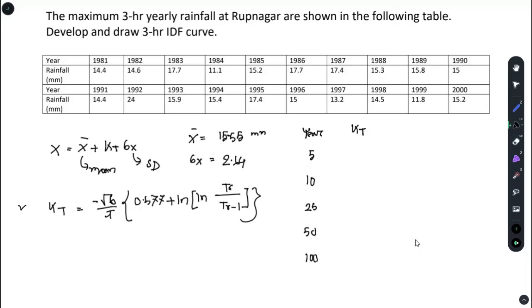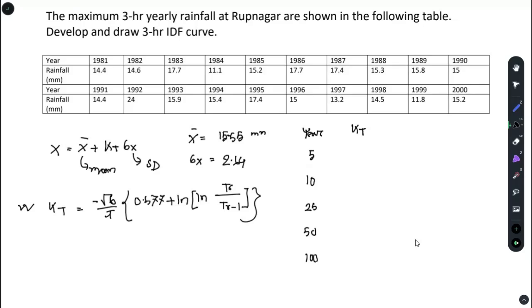Using this equation you can find the frequency factor KT. It doesn't matter which problem you are solving, for a particular return period the KT value is the same, so you can memorize it as well.